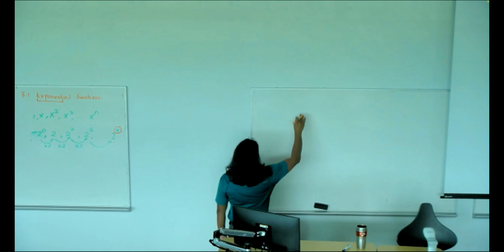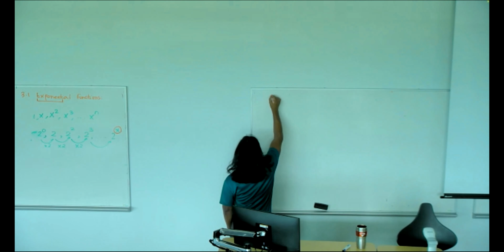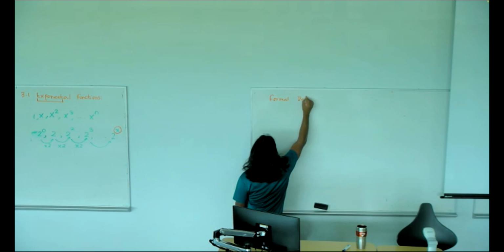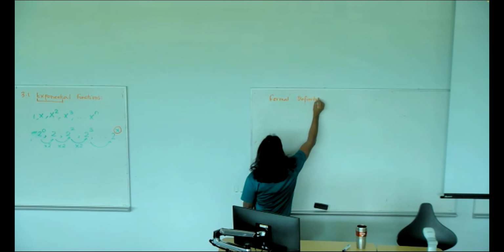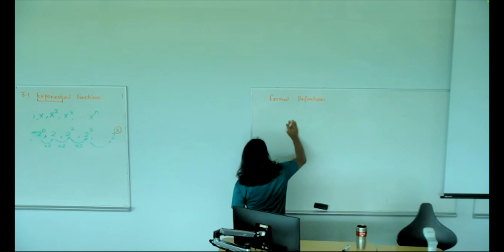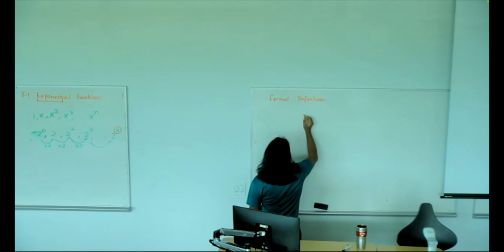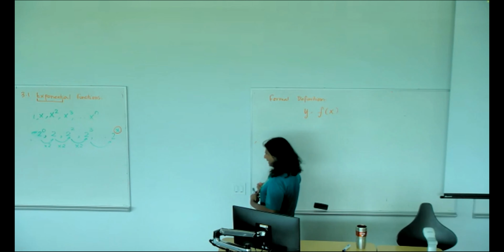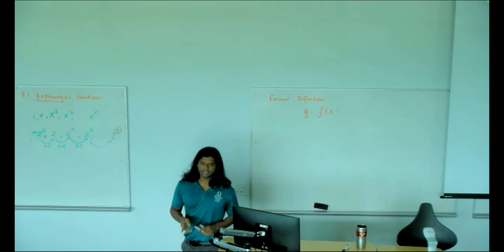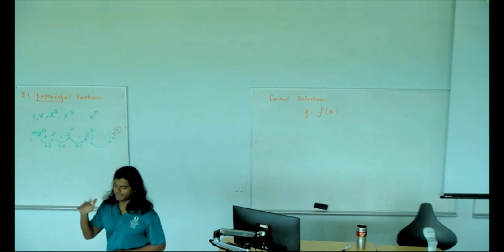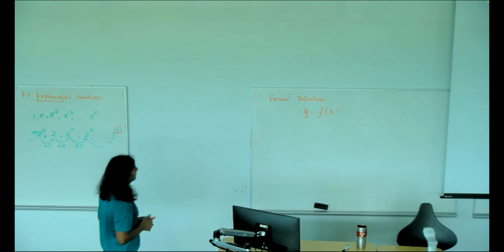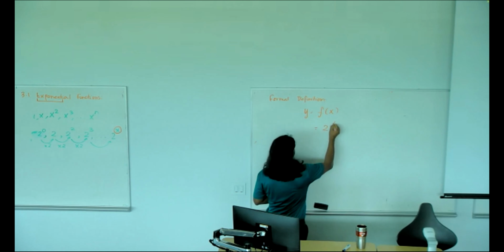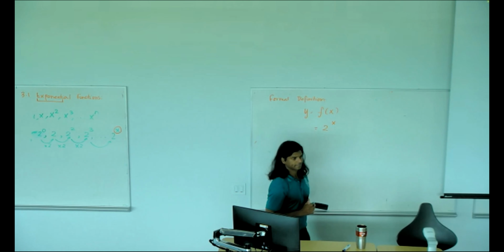We always define a function as y equals f of x. In this case, 2 is getting multiplied to itself x number of times, and we end up getting 2 raised to x.